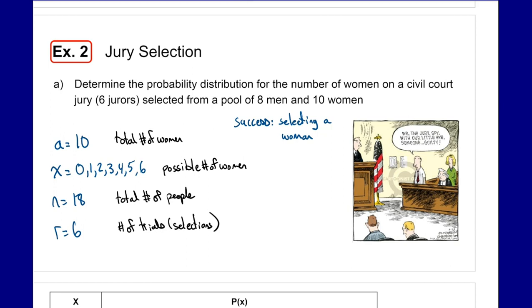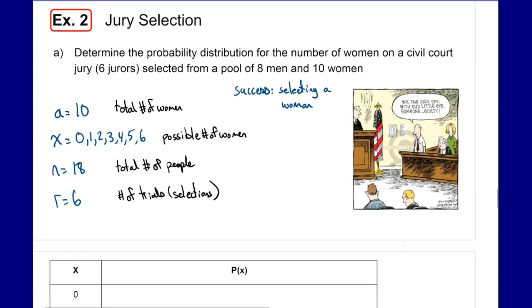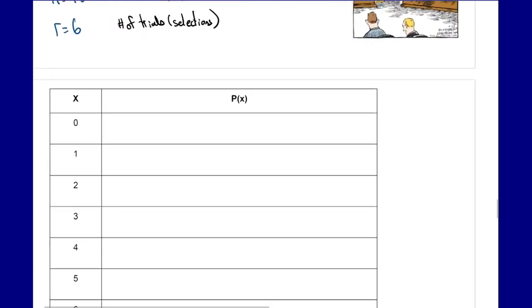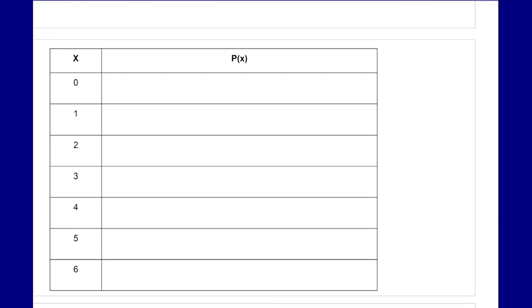So if you prefer the more clinical way of solving it by using the formula, this is what you would use, and you would go through and do this 7 different times for all the possible outcomes. Again, you can also just think of it as combinations. Think of your 2 groups, your successes and your failures, the women and then the men.